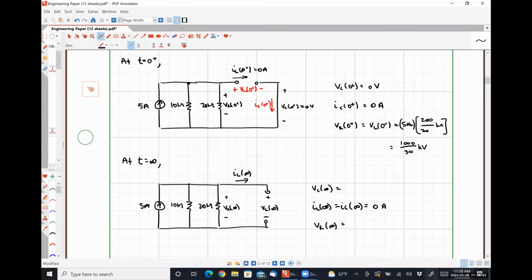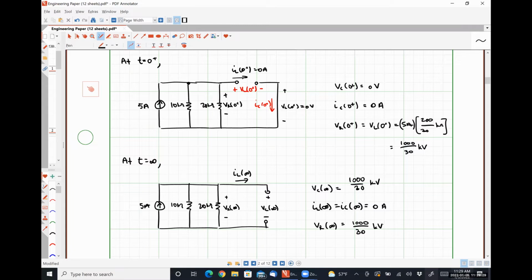So based on that, what should our capacitor voltage be at infinity? 1,000 over 30 again. Exactly right, 1,000 over 30, and that's amps times kilo ohms, which should be kilovolts. And what would VR be in this case? Exact same thing. All right, everybody okay with our analysis at t is equal to infinity?